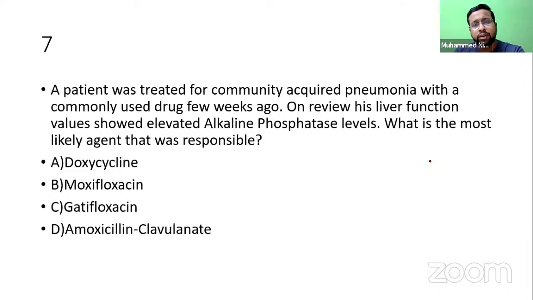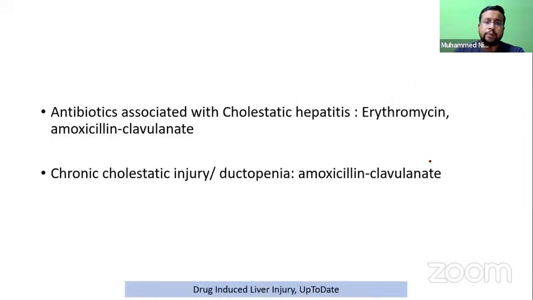So there are many drugs which can cause isolated rise in alkaline phosphatase, or what is called a cholestatic-like blood picture. So among these, antibiotics associated with cholestatic hepatitis include erythromycin and amoxicillin clavulanate, which can cause acute cholestatic hepatitis, and also can cause chronic cholestatic injury and ductopenia.